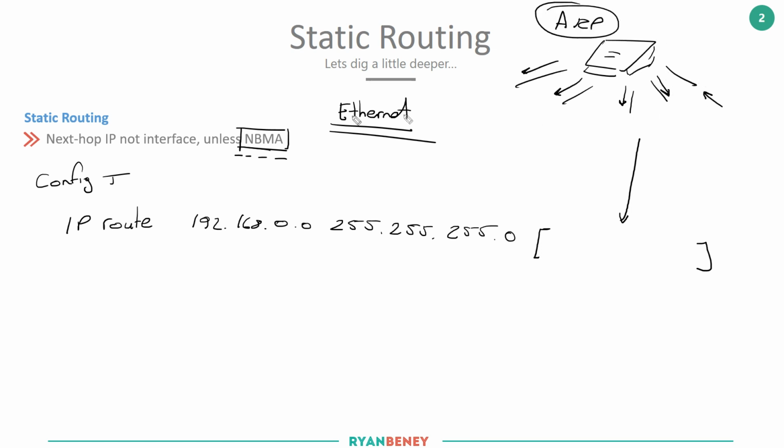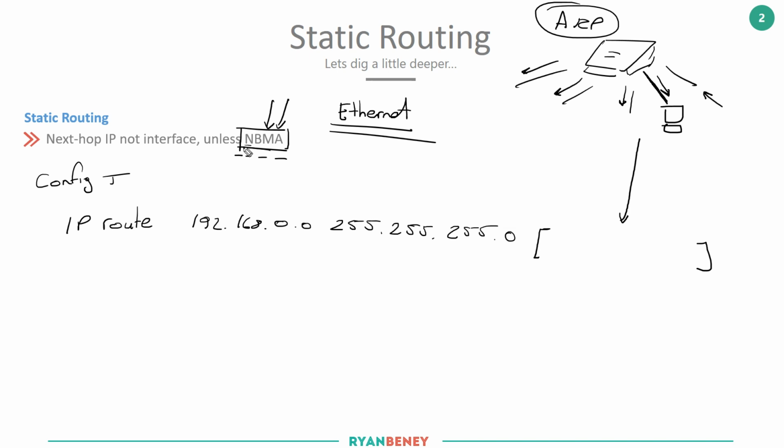Because this is possible, we consider this a broadcast access medium, or sometimes referred to as a multiple access network. Because unlike any other technologies, with Ethernet, we may have one wire connected to us, but there could be multiple devices connected to the actual Ethernet network, the layer 2 network. Because of this, it's called a broadcast multiple access network.